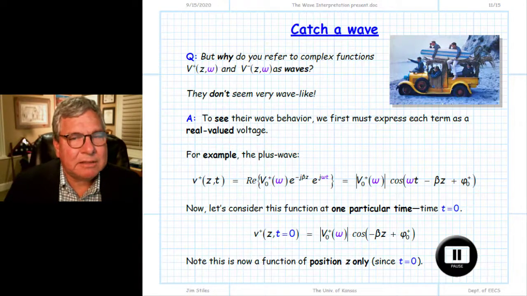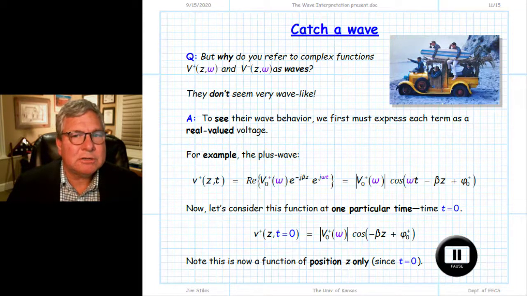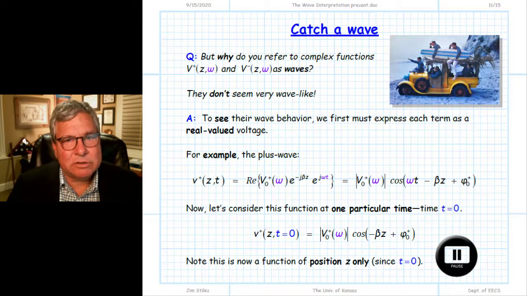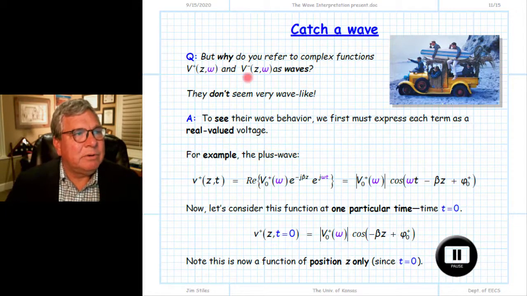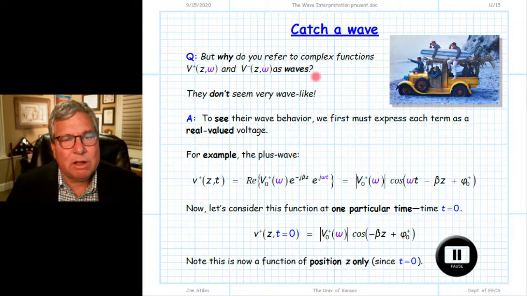So I have asserted that there are two electromagnetic waves propagating along a transmission line, one in one direction and one in the other, and each manifests itself in terms of a voltage and current. And so I talk about a function V plus as the plus wave voltage and V minus as the minus wave voltage. I throw a lot of words with wave around, and when we look at the math and the complex functions, we're not quite sure why we call them waves.